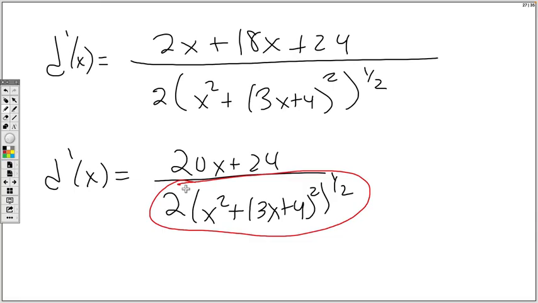Well, let's think about it. The 2 can't be 0, so we don't have to worry about that. Anything you plug in for x, what's going to happen? It's going to get squared, right? That's going to make it bigger than 0. You plug it in here, this is going to get squared, right? So that's bigger than 0. Can this ever actually equal 0, though?